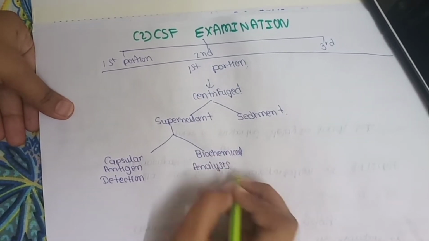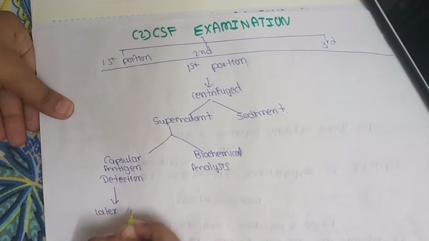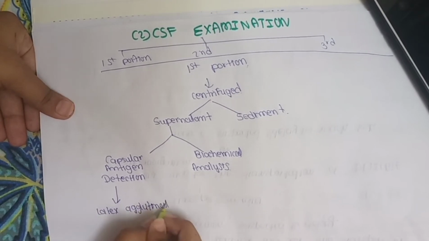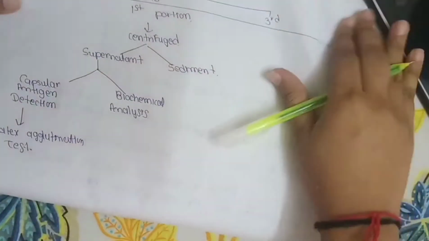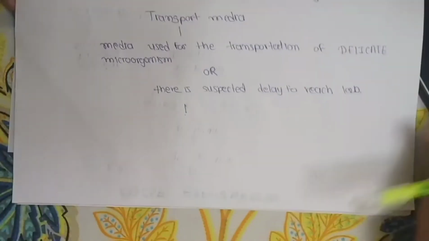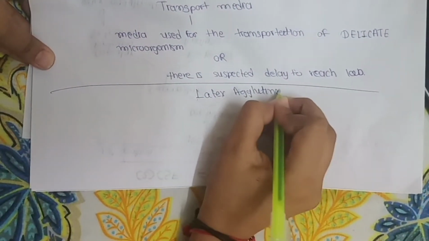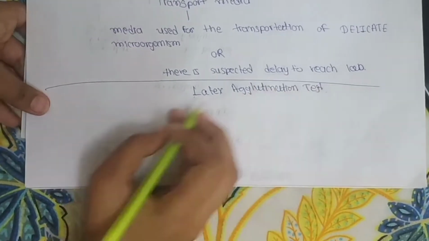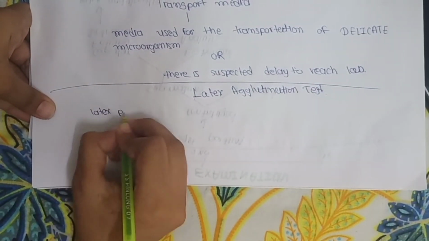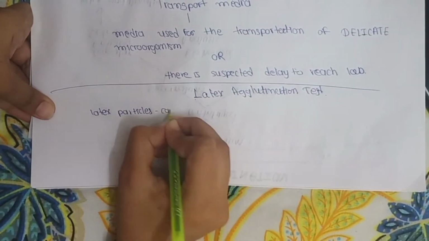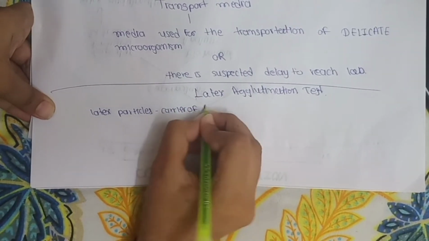We do this capsular antigen detection by latex agglutination test. Now what is latex agglutination test? Latex agglutination test means there are latex particles which are carriers for the antibody.